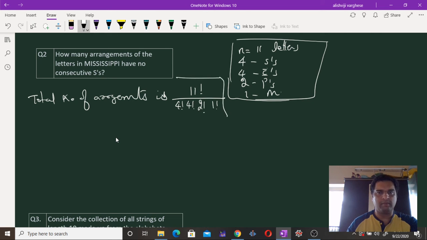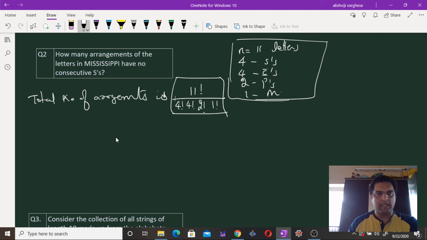This is the number of ways in which we can arrange the letters, considering that 4 S's are identical, 4 I's are identical, 2 P's are identical, and the remaining one is a unique letter. So the letters can be arranged in 11!/(4! 4! 2! 1!) different ways.